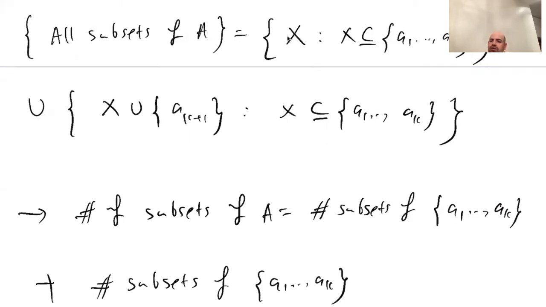So the number of elements in A union B is the number of elements in A plus the number of elements in B.